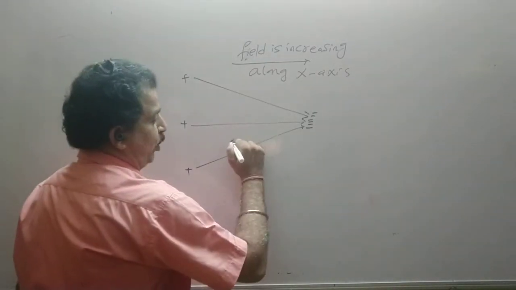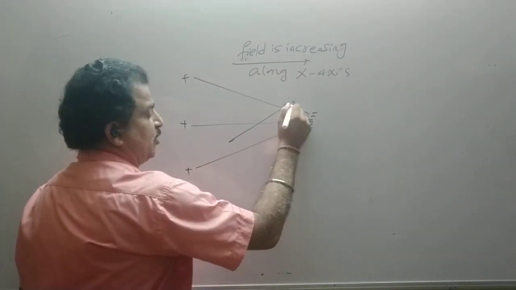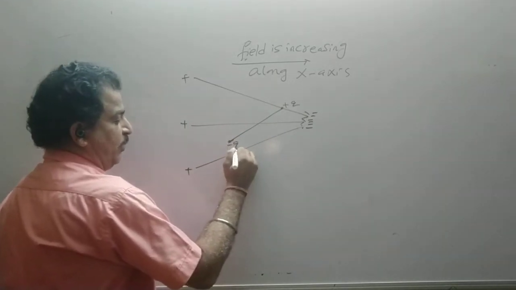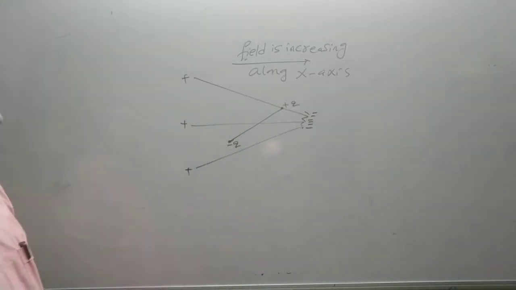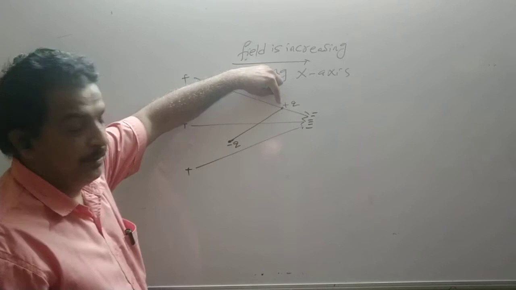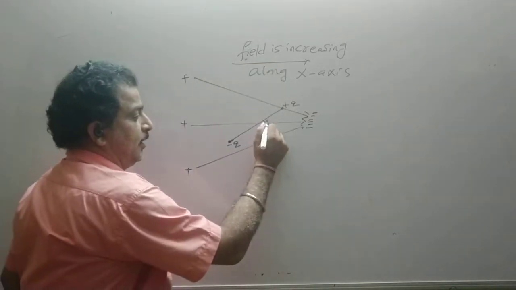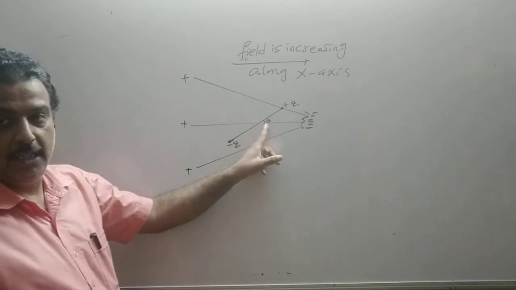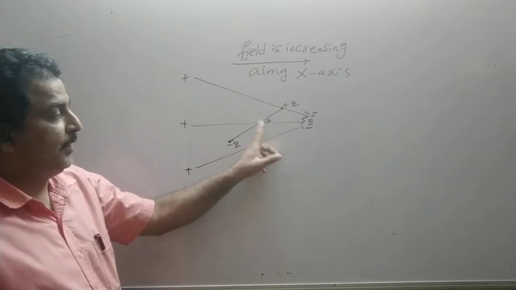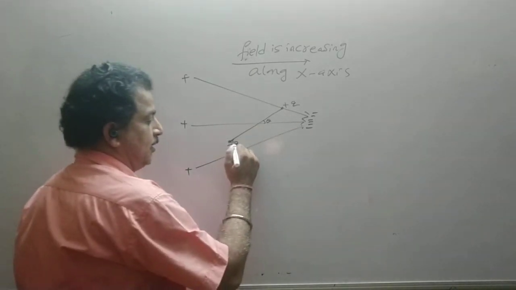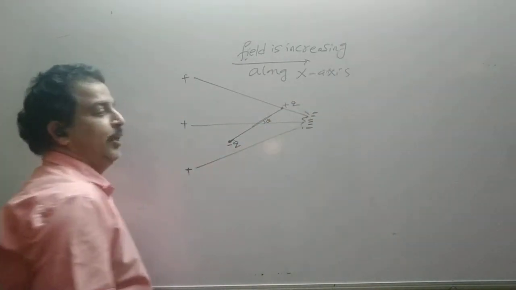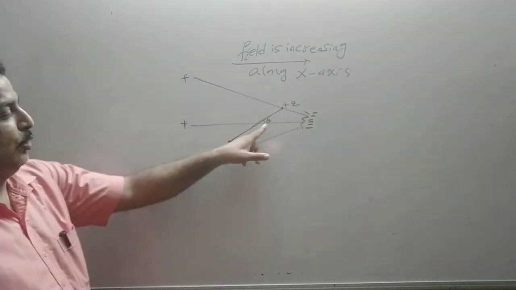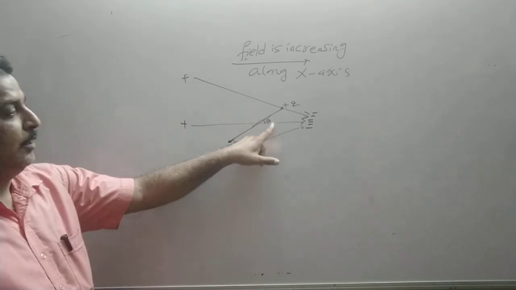Now I keep a dipole like this. This is plus q, this is minus q. Now this is an angle theta. Now I have drawn the field along the x-axis. Remember, theta is the angle between the dipole moment and the electric field intensity. This is dipole moment from negative to positive. So now it makes an angle theta.